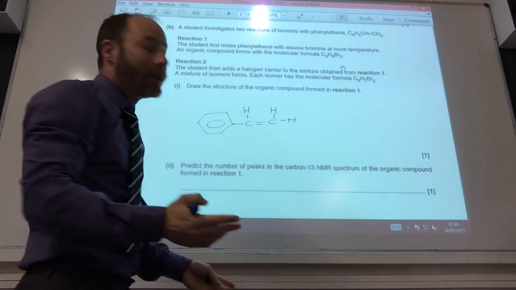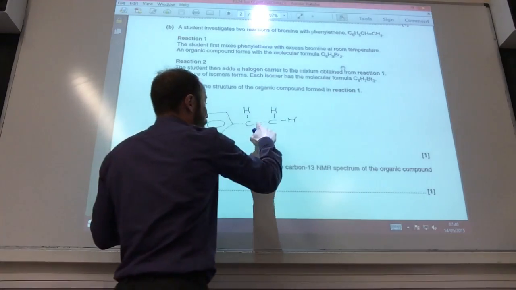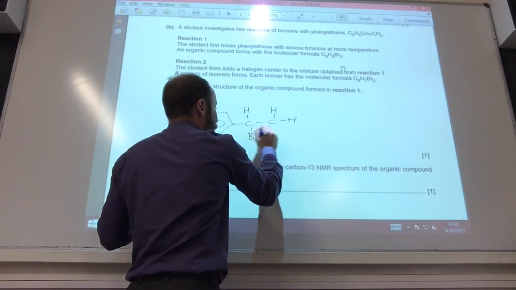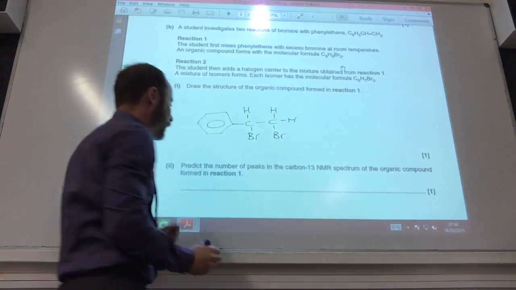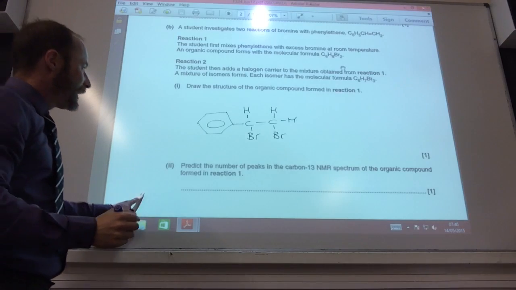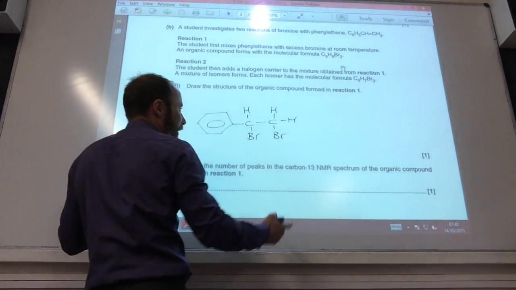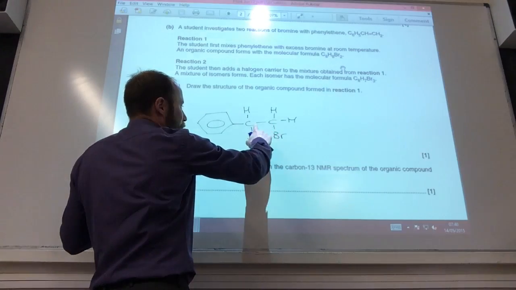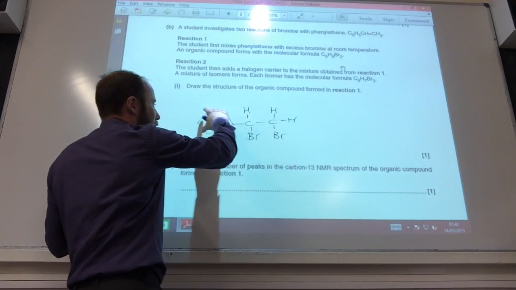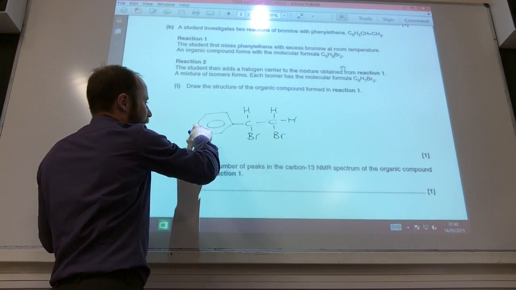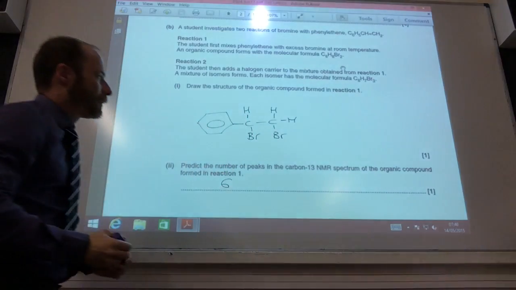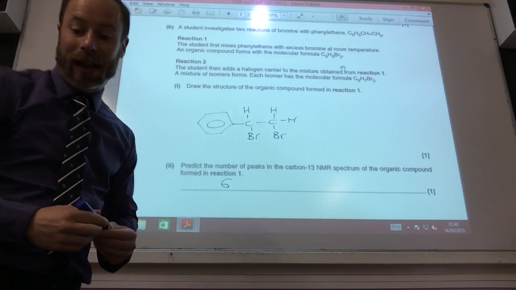Adding bromine, obviously the bromine is going to just pop across that double bond as expected. Predicting the number of peaks, let's have a look in the carbon NMR: 1, 2, 3, 4, 5, 6. I'd expect to see 6 peaks in the carbon NMR.